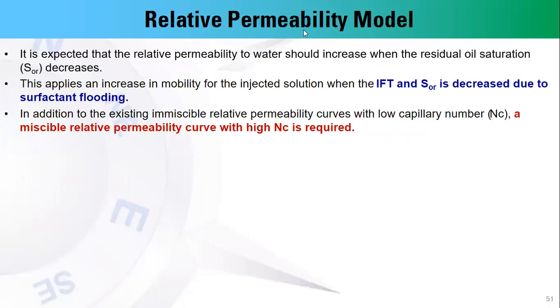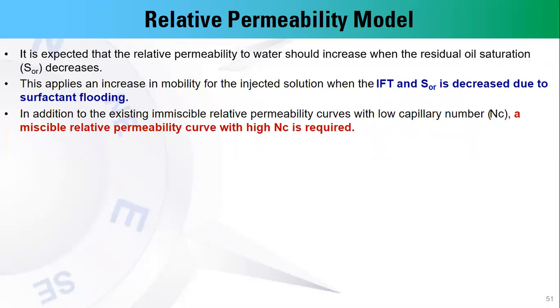Changes in relative permeability, as mentioned, because surfactant will reduce the oil-water interfacial tension. Additionally, surfactant will decrease the capillary pressure. So we will simulate this process by using the capillary number.